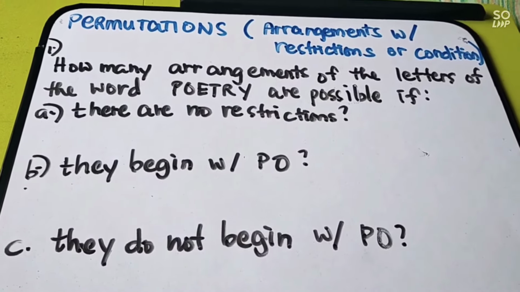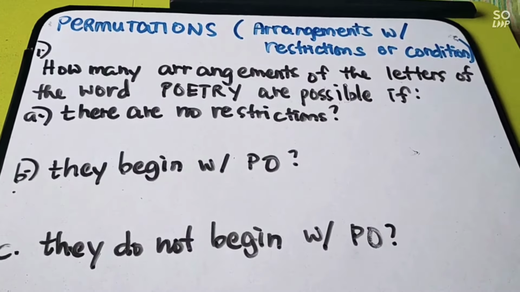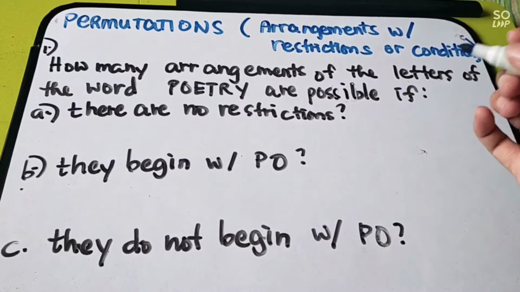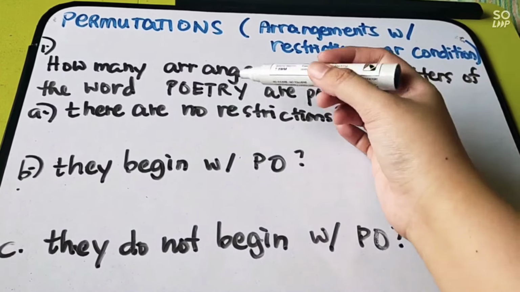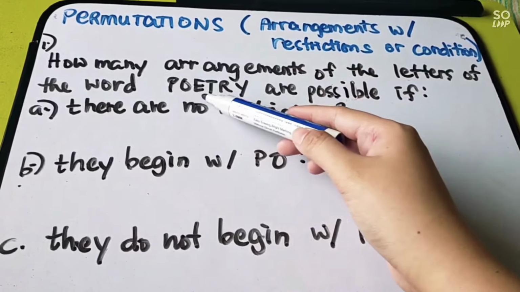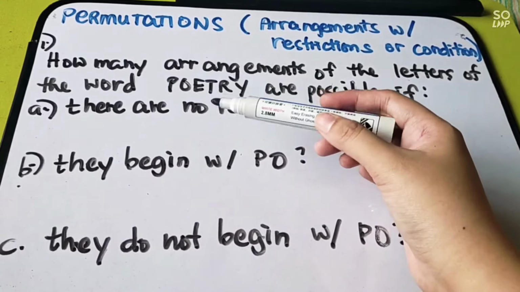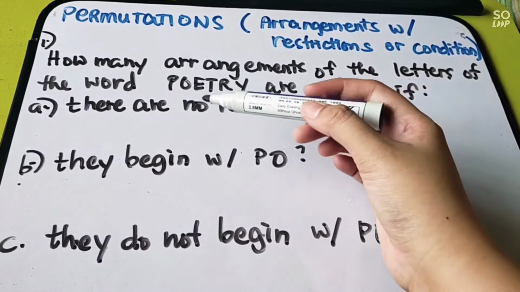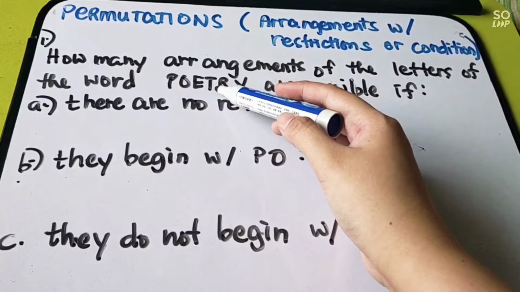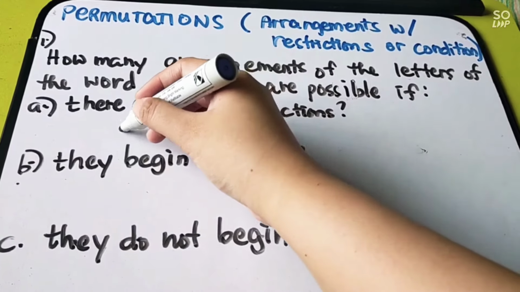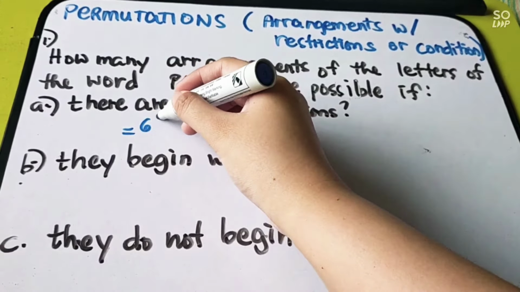So, since there are no restriction, ito lang yung simpleng permutation. So, let us count. Since magkakaiba naman yung letters niya, linear permutation lang tayo. We have 1, 2, 3, 4, 5, 6. That is equal to 6 factorial lang.